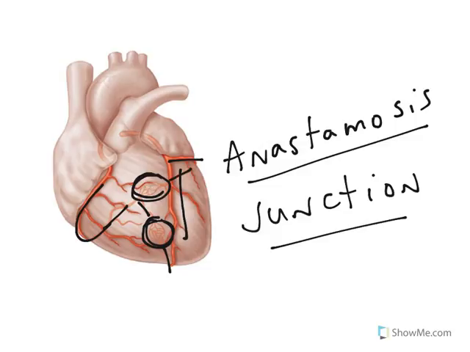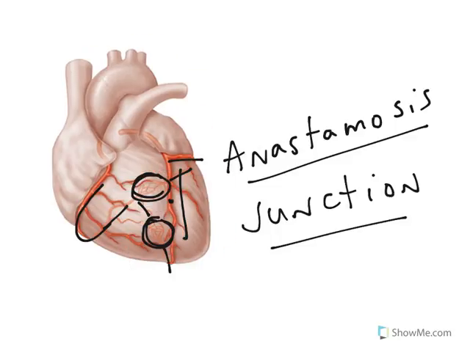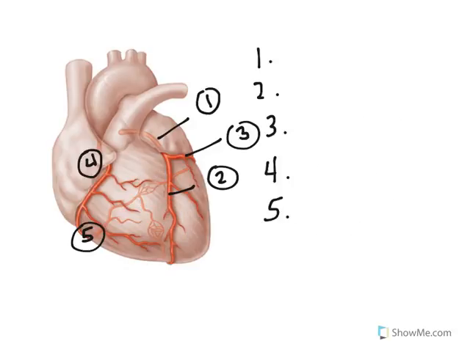So these are two anastomoses, and it creates alternate flow, so it provides additional routes for blood delivery. However, if one of these vessels, say this one, is blocked, it does not automatically mean that it can compensate for that blockage.